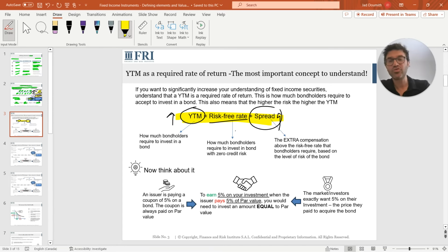So I want you now to focus on the coupon. The coupon is the interest rate that the issuer decides to pay on its bonds. This is a decision that completely belongs to the issuer. The issuer can decide to pay 5%, 10%, or even 0%, which would make it a zero coupon bond. Of course, the issuer is pressured to offer a coupon that is in line with the liquidity needs of the market participants.